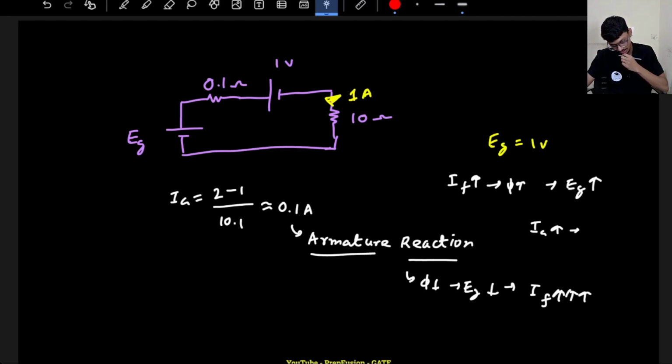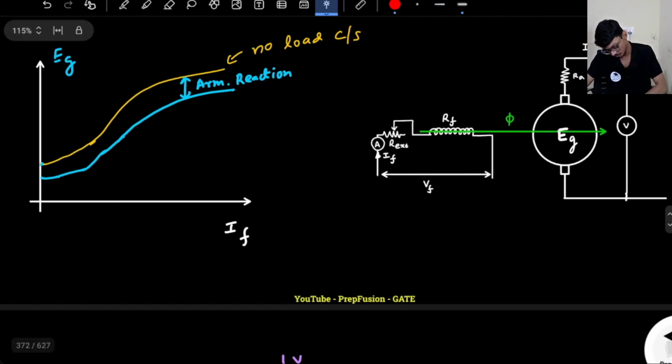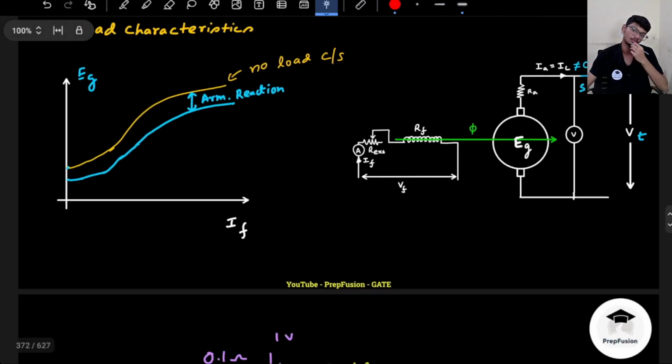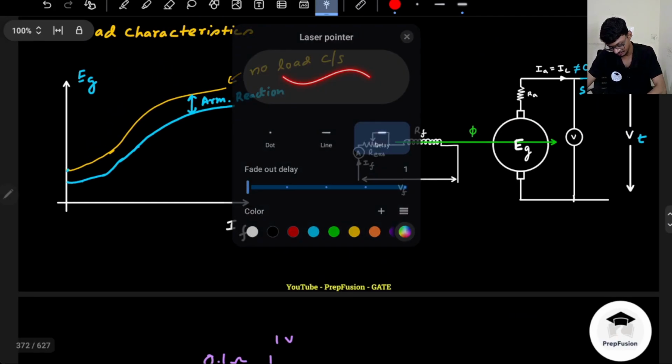Our graph will start here and go down further, because it is at a constant load current. Ideally, the graph shifts down.